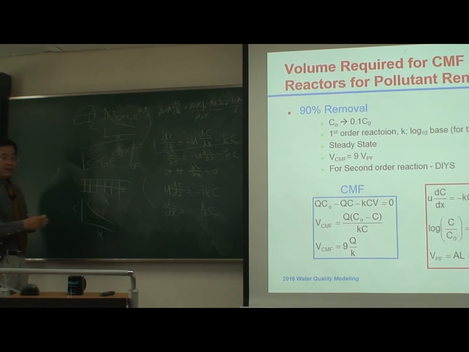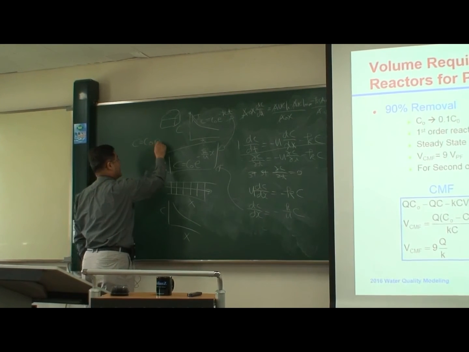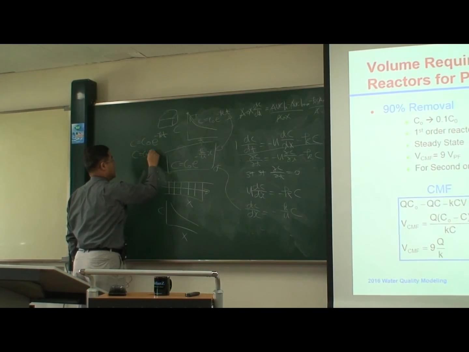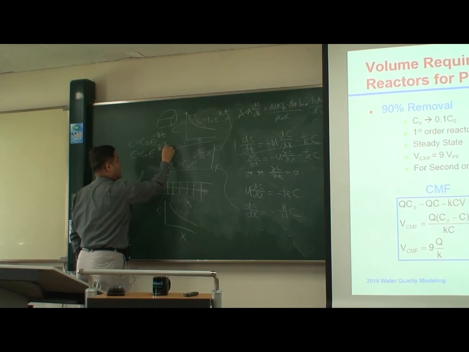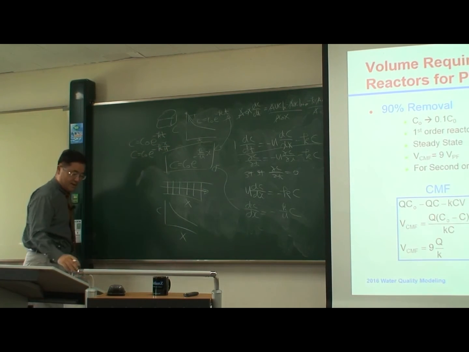And by the way, I will make you a little bit confused. Let's think about C equals C0 e to the minus kt, and C0 e to the minus k x over u, like this.